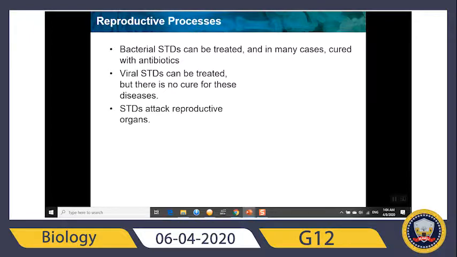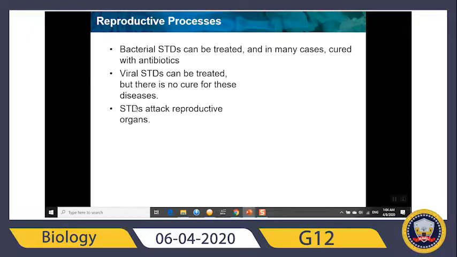When you get herpes, even if your body treated the immediate condition, you still have herpes, and every certain period of time it will reappear. So it's a very dangerous situation, and acute cases of herpes can cause death.